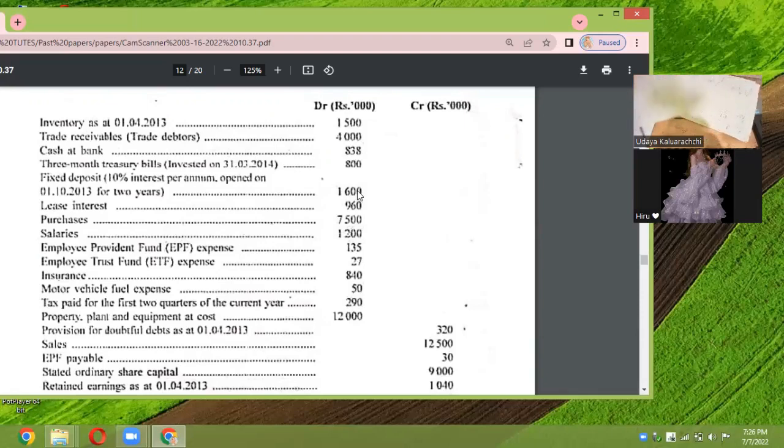Then 1,600 is the fixed deposit amount. Look at the date here.